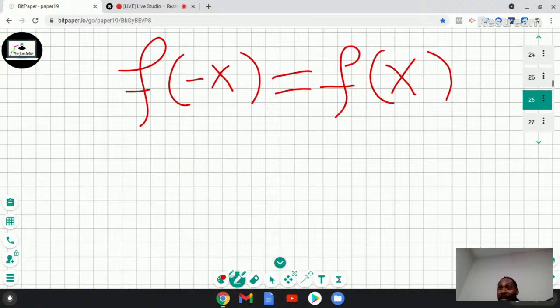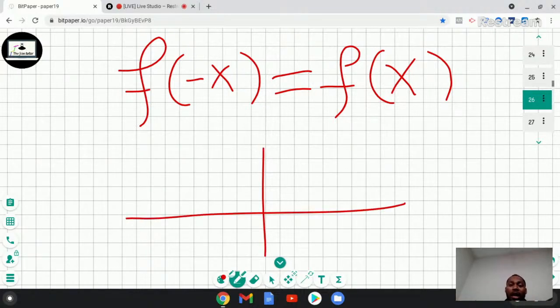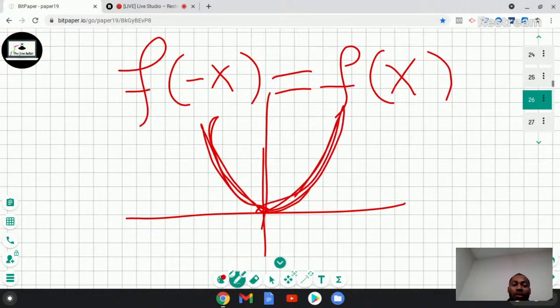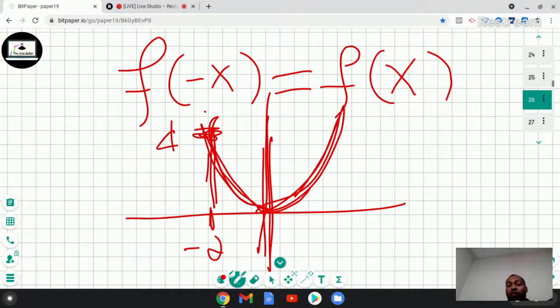So what does that really mean in terms of representation? That means f of 2 is the same thing as f of negative 2. f of 3 is the same thing as f of negative 3. And graphically, what you're going to have to the left is going to be the same thing that you're going to have to the right. So graphically, here's what that looks like. f of negative 2, if I have negative 2 here, goes all the way, let's say, to 4.